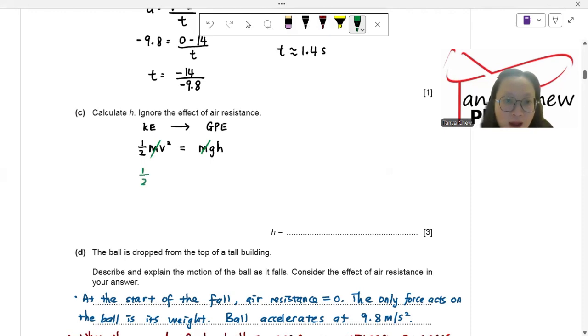Now, v is my initial velocity, which is 14. So I just put 14 and I square it. g is 9.8 and this is a height. Just make height the subject. Height is equal to 14 squared divided by 2 times 9.8. So the height that I got was 10 meter. So 10 meter is the answer.